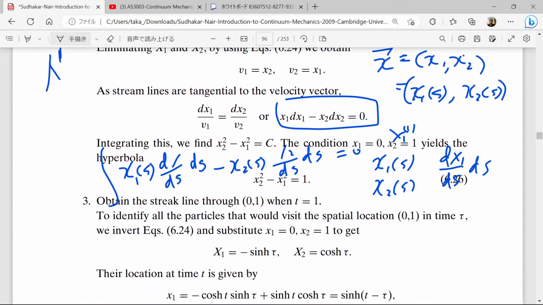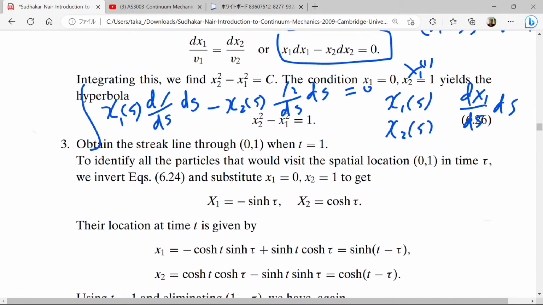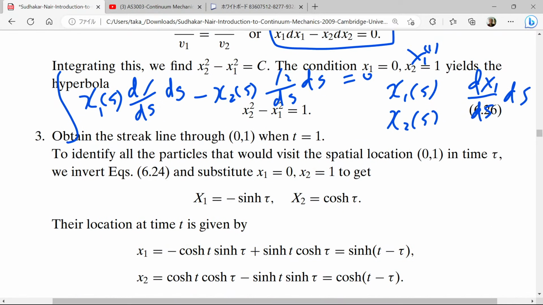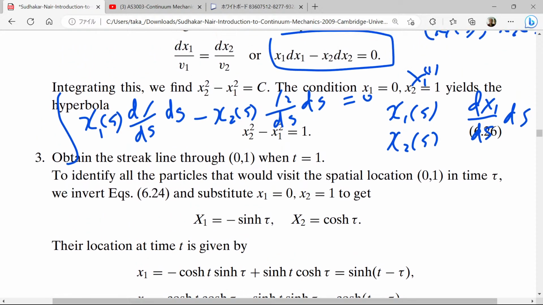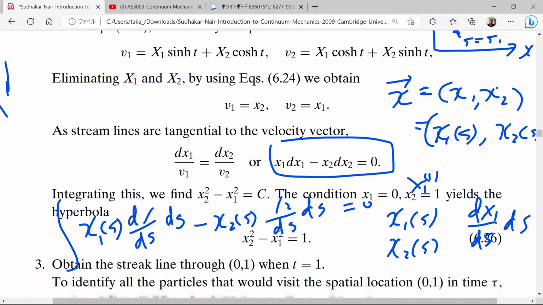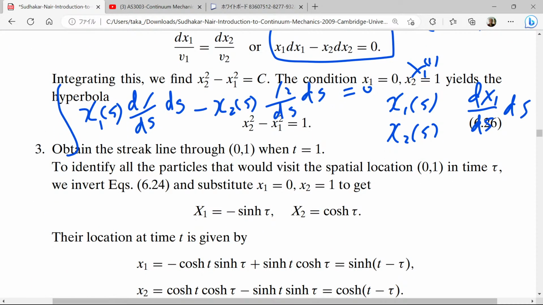So we obtained it. Now we obtain the streak line through 0, 1 when t equals 1, to identify all particles that would visit the spatial location 0, 1 in time tau.